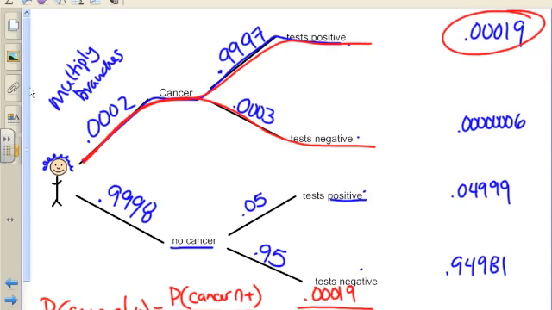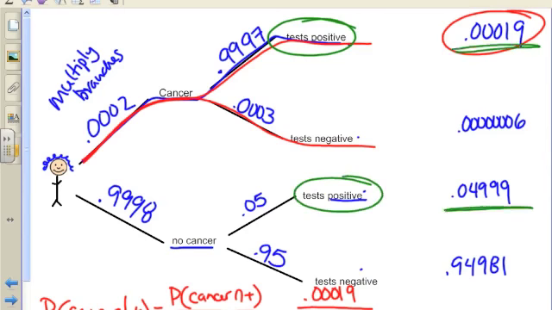The thing that we have to watch out for is there's actually two situations where you tested positive. You can test positive if you have cancer, or, big clue there, you can test positive if you don't have cancer. So these people test positive, or these people test positive. Because you can't be both.